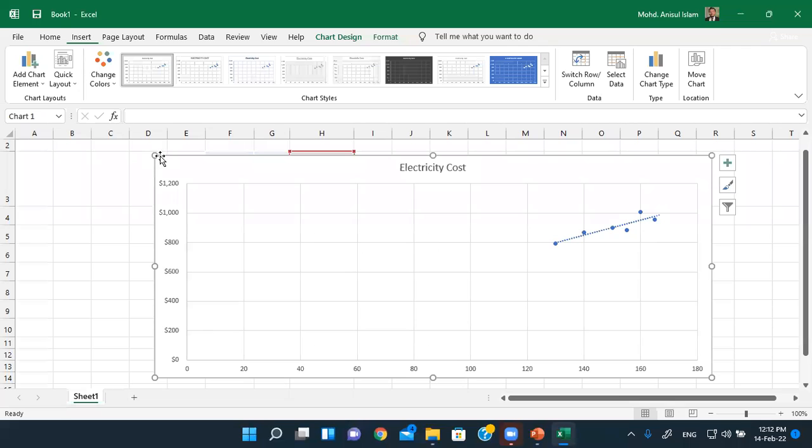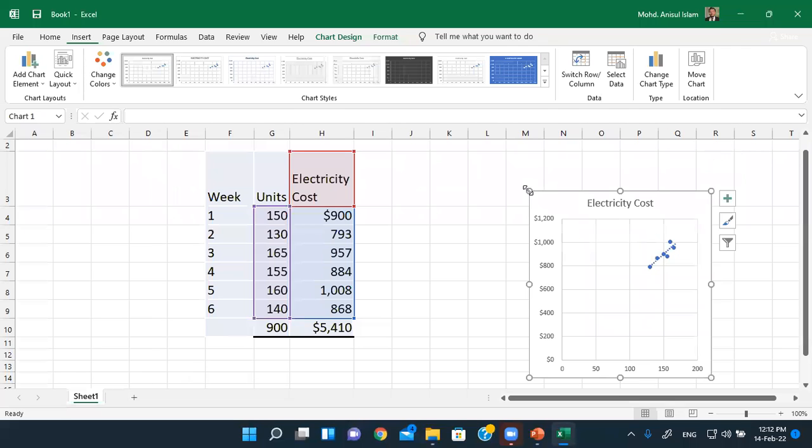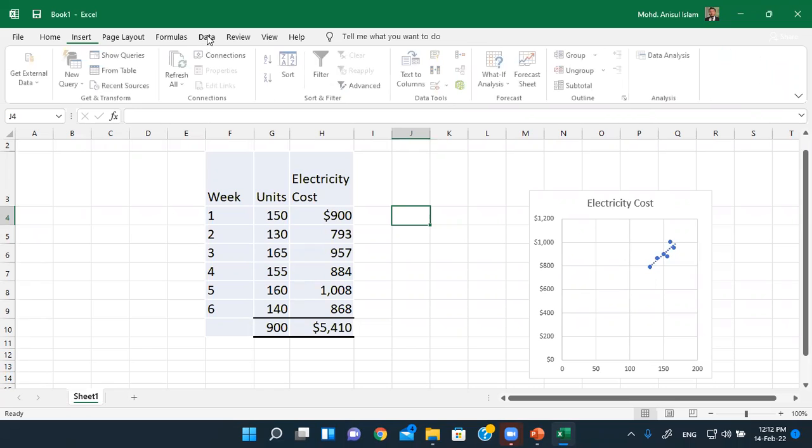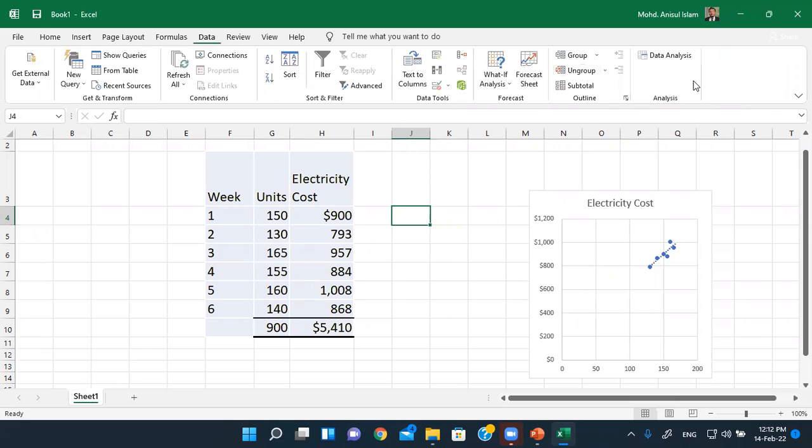Okay. So let's keep it separate. Here is our y and x, and we'd like to use the regression techniques. And how can we find out? If you go to Data, there is a Data Analysis tab, and I'm confident that you have learned how to make it visible if it is not visible here.